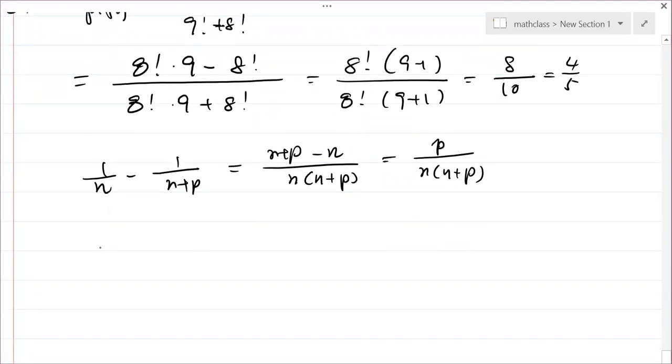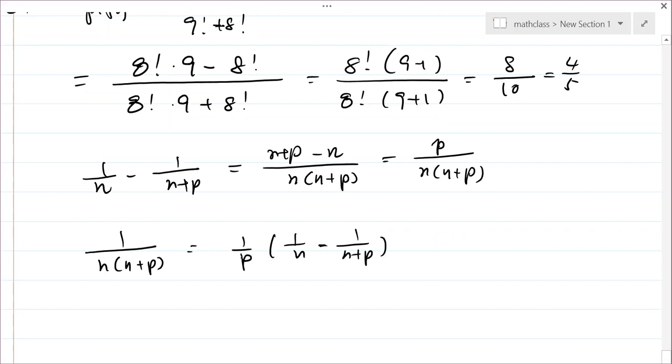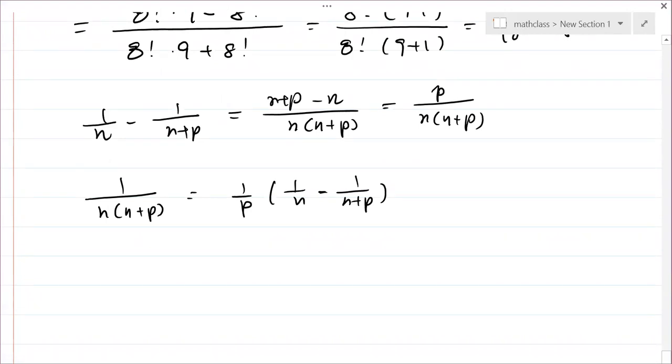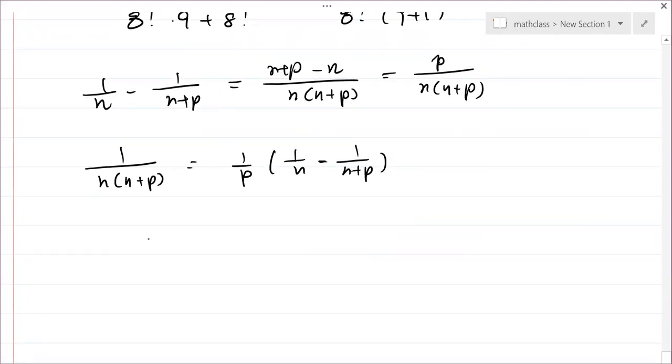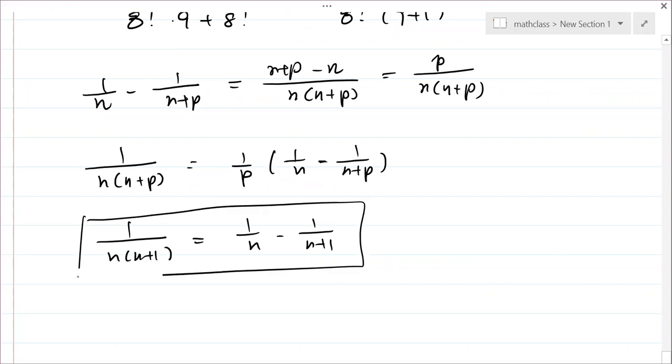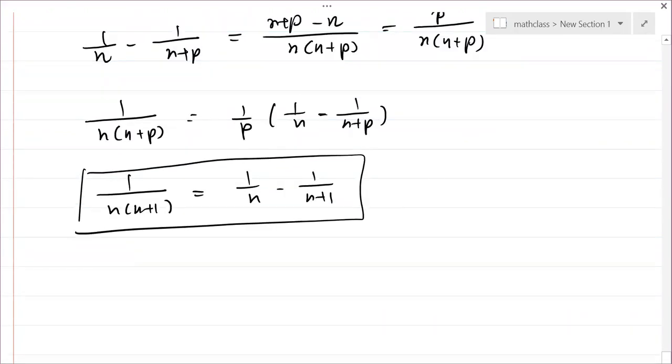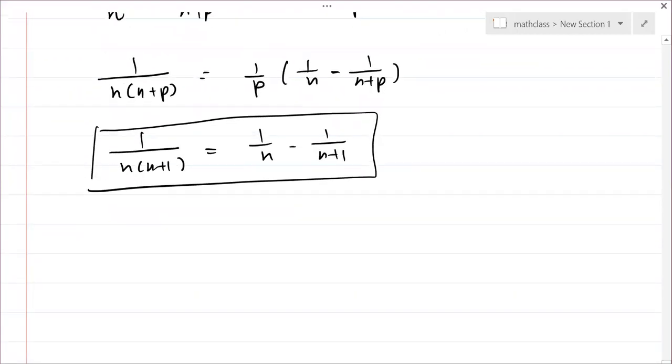That means if you have this, you can separate them, and then you have to divide by p. So the special case is n times (n plus 1). p is going to be 1, so 1 over n minus 1 over (n plus 1). Now that's a very important decomposition of the fraction.